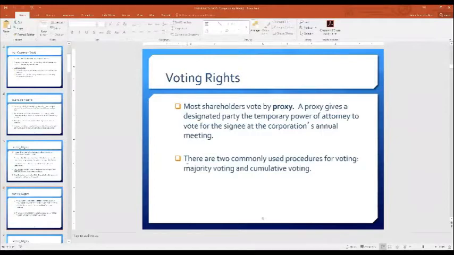And there are two commonly used procedures for voting: majority voting and cumulative voting. Okay? So majority, so kumbaga ilang percentage na yung nakakuha ng vote for this particular board of director, and cumulative, so you keep on counting on who will be the next set of board of directors.